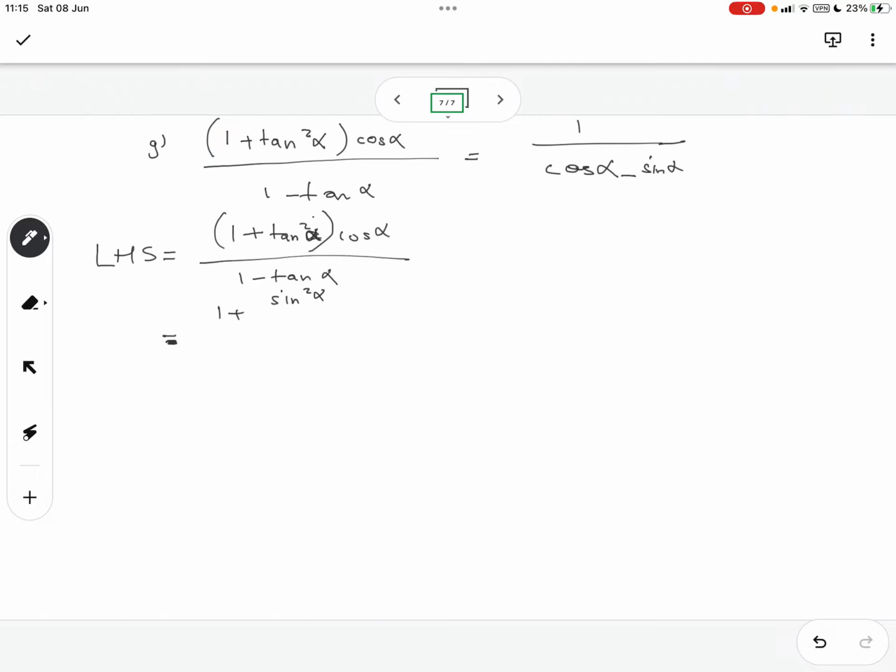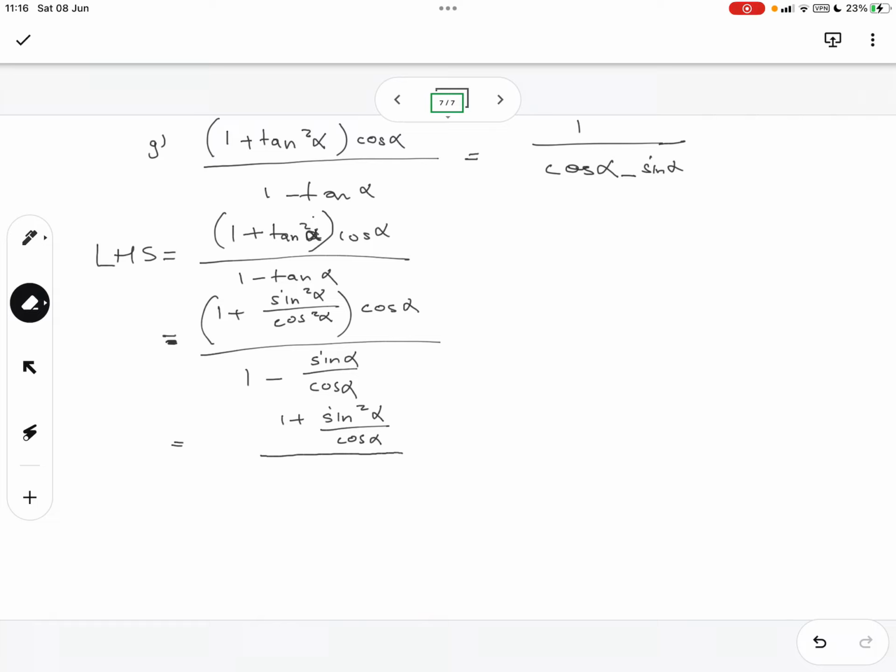And we can use the quotient identity for tan, and this gives us 1 plus sine squared alpha over cos squared alpha times cos alpha over 1 minus sine alpha over cos alpha.